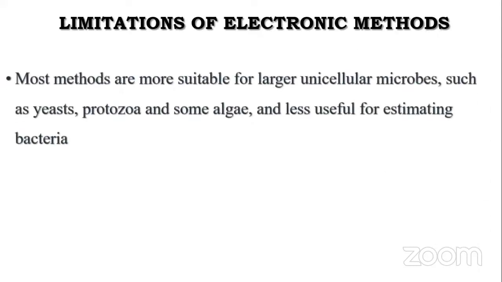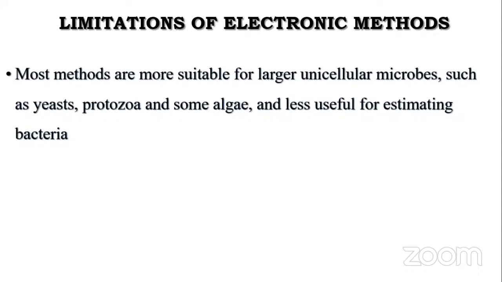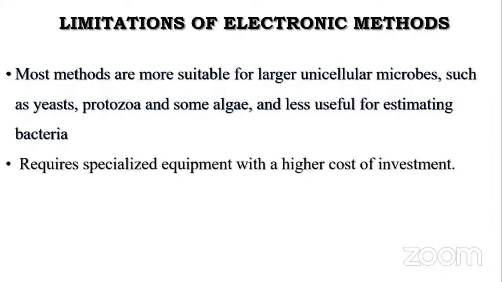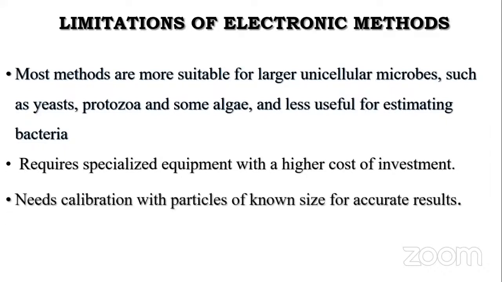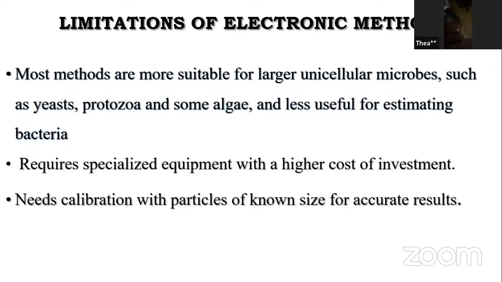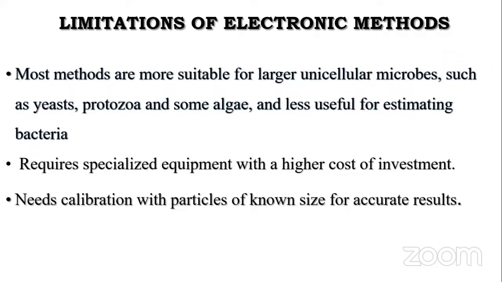What are the limitations of electronic counting methods? One of the limitations is the fact that the methods are suitable for larger microbes, not for organisms that are smaller. For larger microbes such as yeast, protozoan, and some algae.